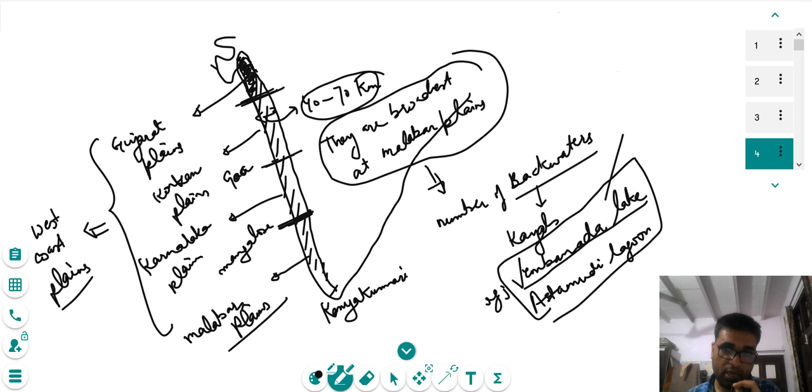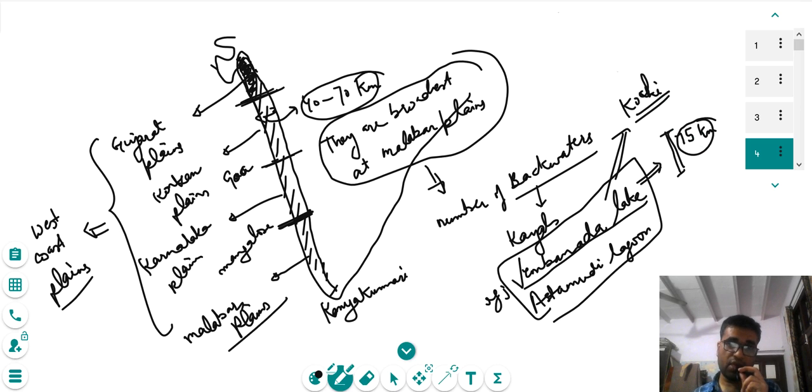On the mouth of Vembanad Lake, Kochi is located, and the Vembanad is the largest lake of India. Largest in the sense that its length extends up to 75 kilometers.